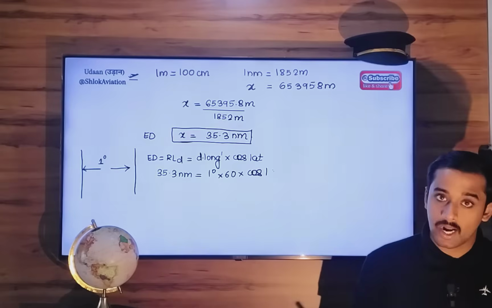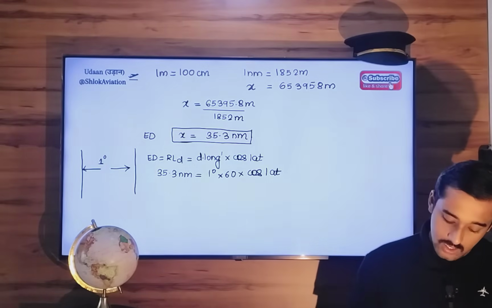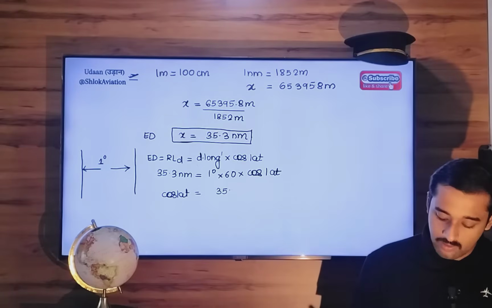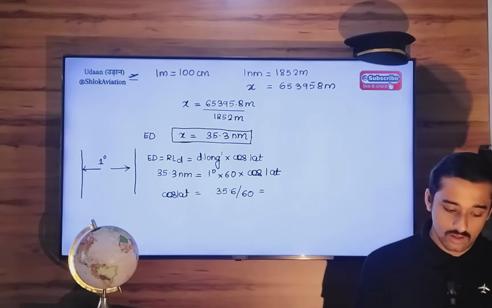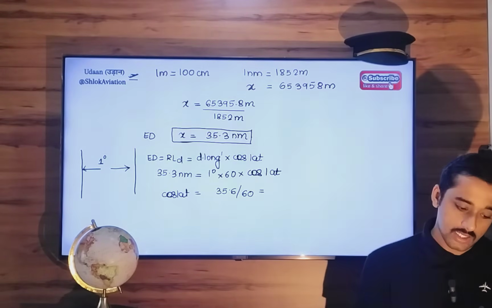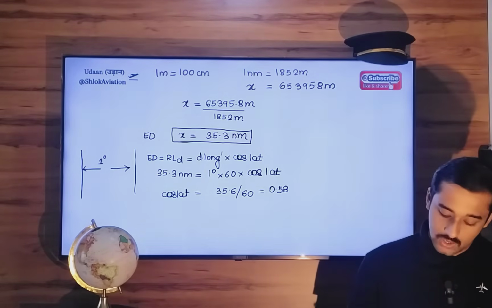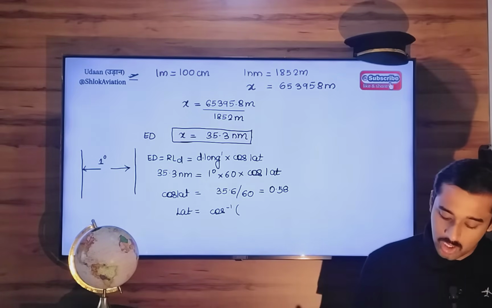So 1 degree into 60 into cos of latitude. We have to find out the latitude of these two positions. So cos lat will be equal to 35.3 divided by 60, which is equal to 0.58. So latitude will be equal to cos inverse 0.58, 0.59 something.